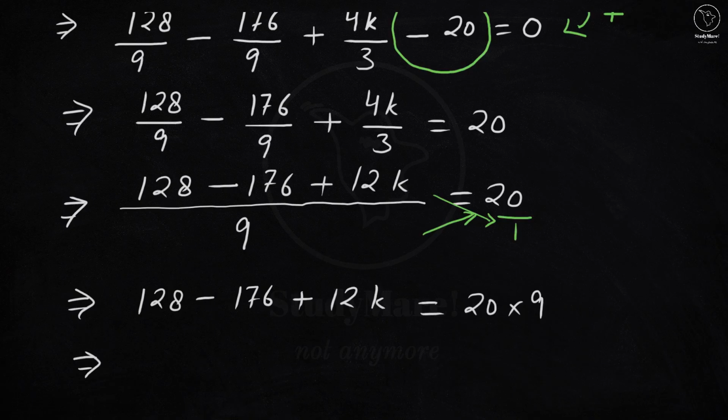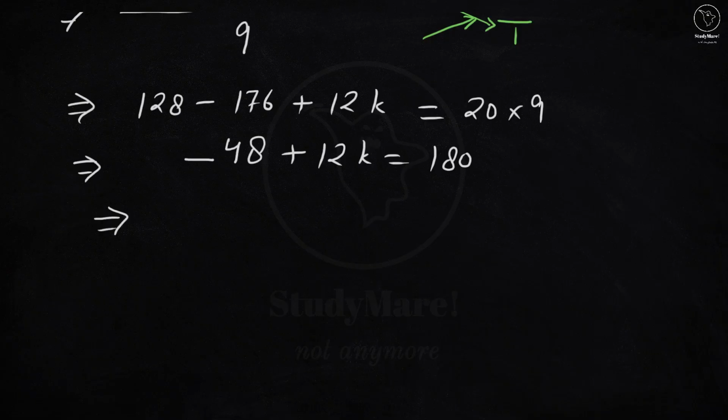Solving it further, we get 128 minus 176 as minus 48 plus 12k is equal to 20 into 9 is 180, which implies 12k is equal to 180 plus 48.